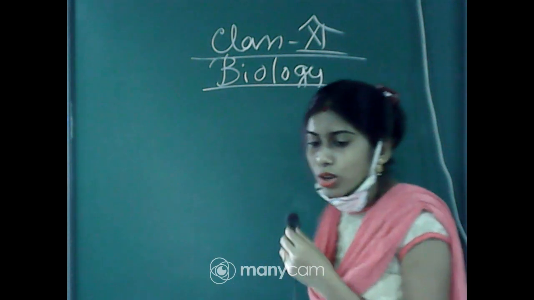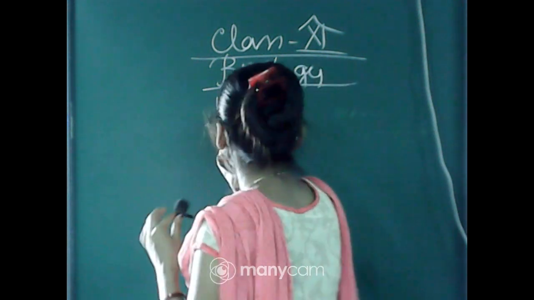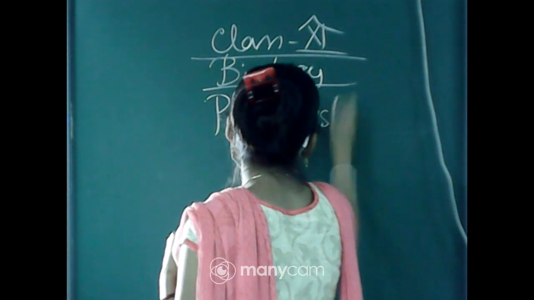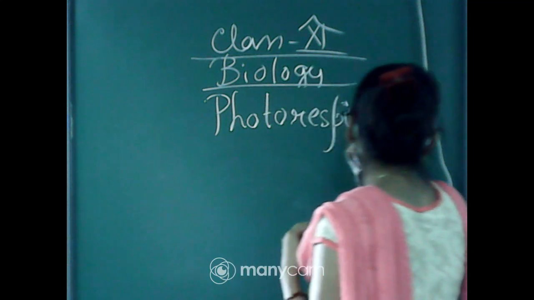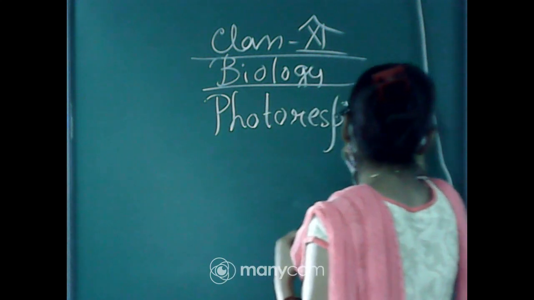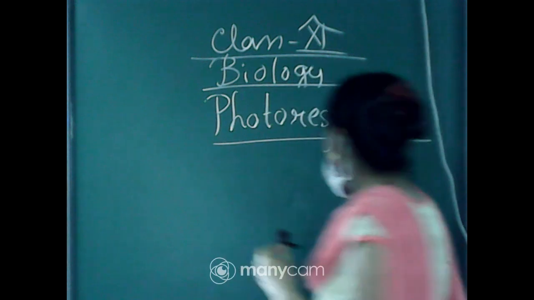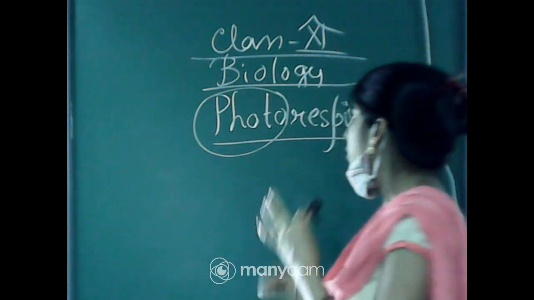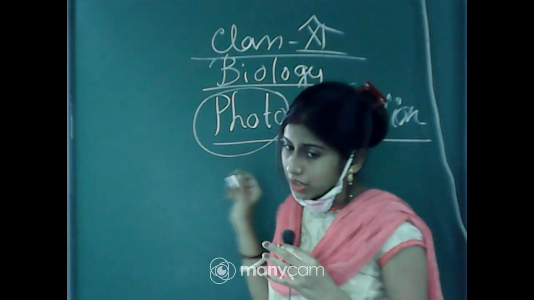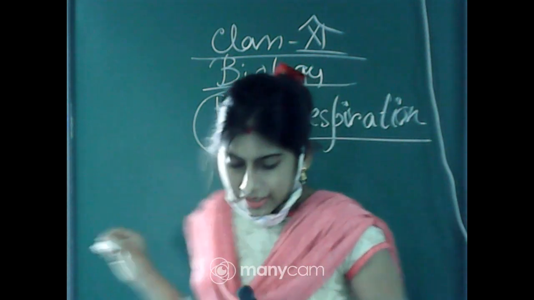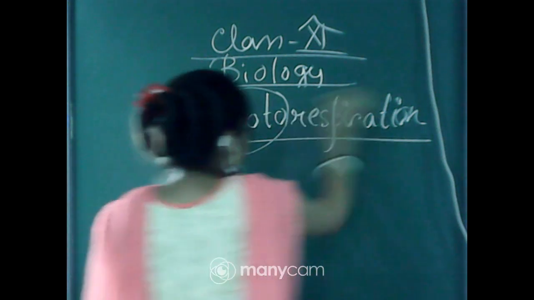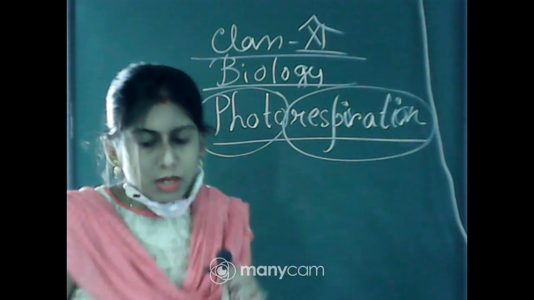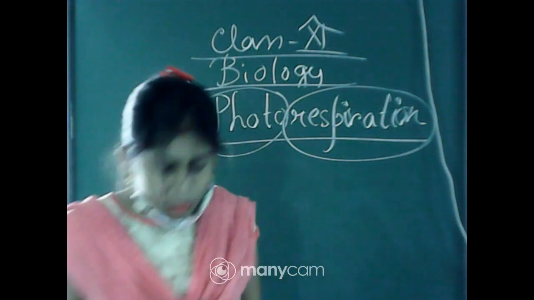Now we have to know what photorespiration is. You can see a term there, photo. You know the meaning of that particular term, photo. Photo means light, and also you know the meaning of the term respiration.